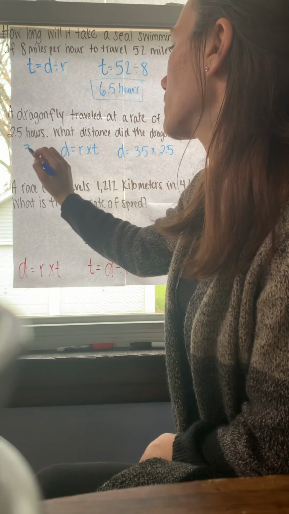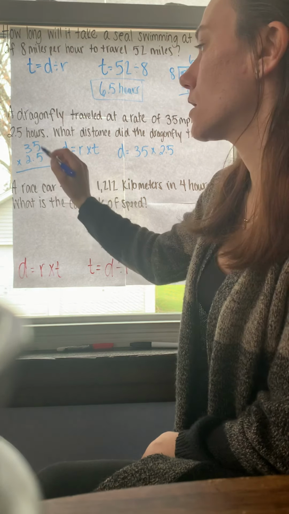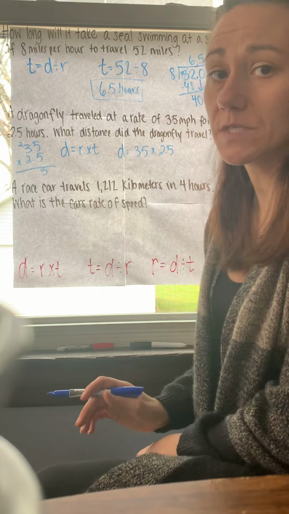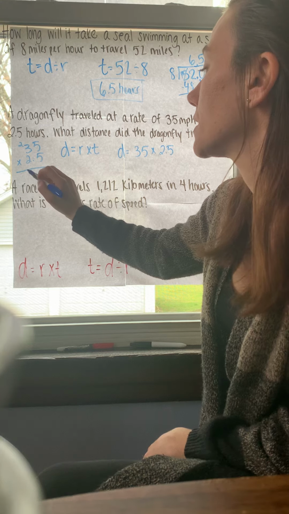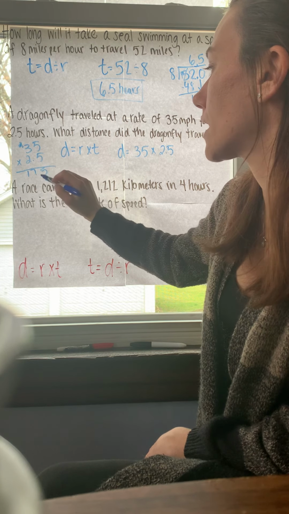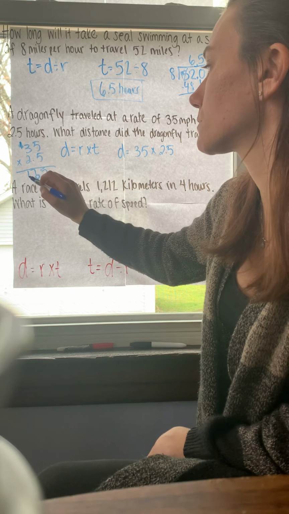So when we do 35 times 2.5, 5 times 5 is 25. 5 times 3 is 15, plus 2 is 17. 2 times 5 is 10, carry the 1. 3 times 2 is 6, plus 1 is 7.